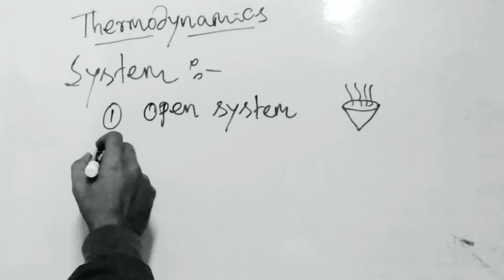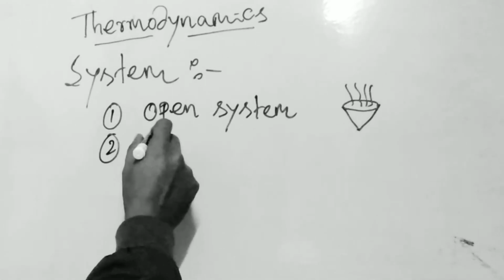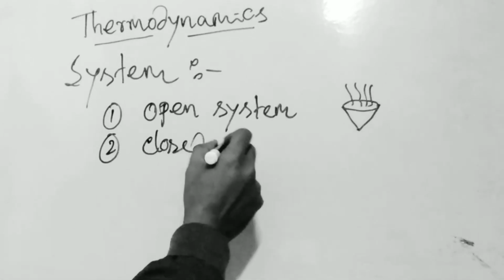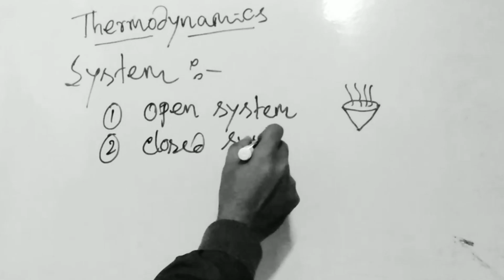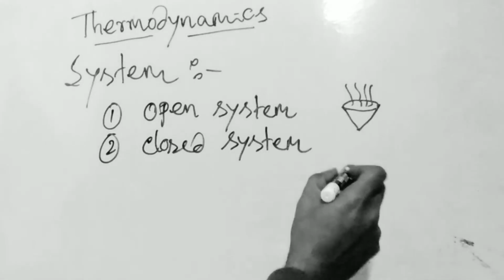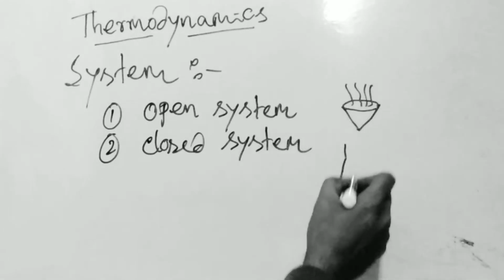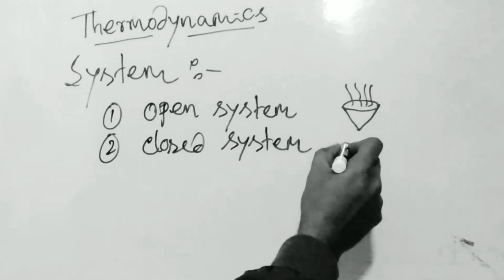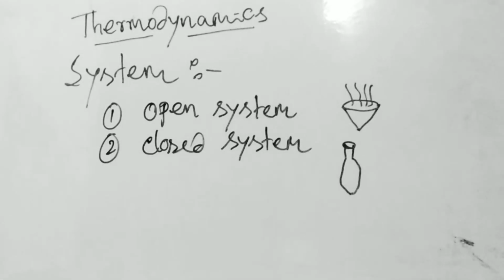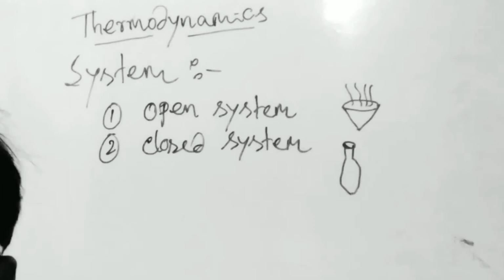Next, number two is a closed system. Now what is a closed system? A closed system is like a sealed bottle of a cold drink, where mass cannot be taken out from the system. That is, exchange of mass is not possible.